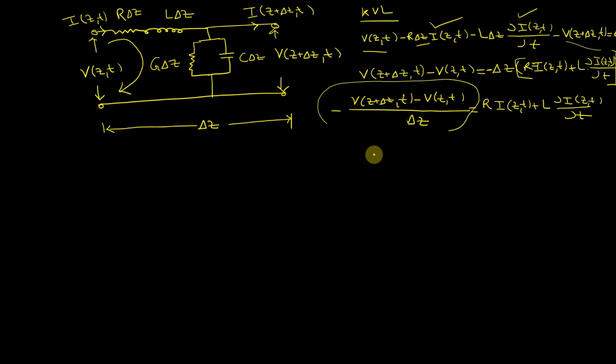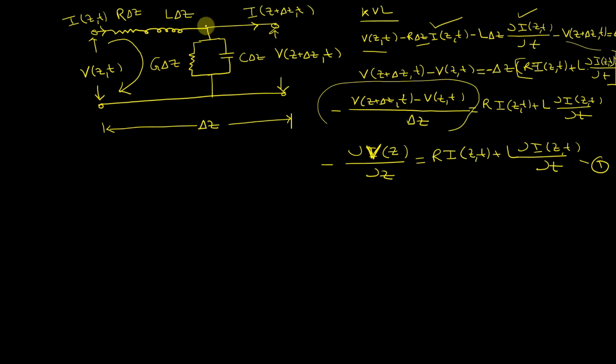This is the differentiation of voltage V, that is curl V(z,t) divided by curl Z, with the minus sign, and this term as it is. Now this is equation 1.